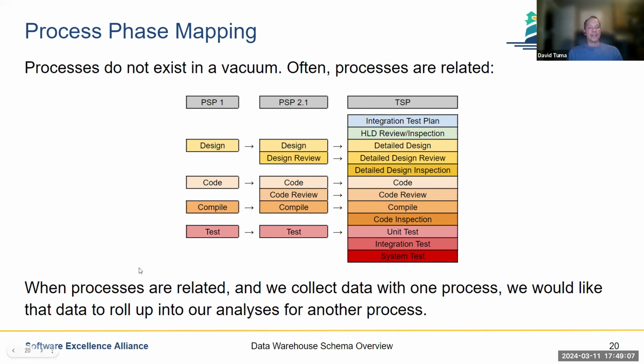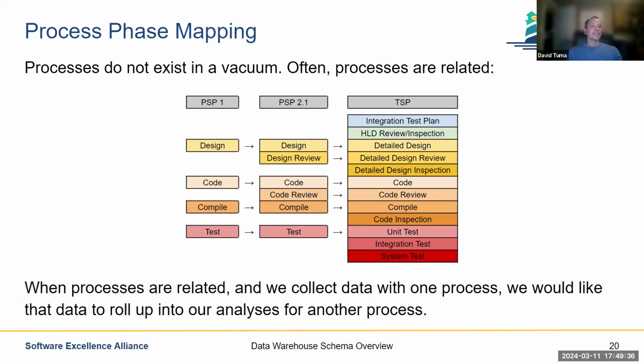But when they're related and we collect data with one process, we would often like that data to roll up into our analyses for another process. So here's an example. When we get to the end of a PSP class and we show a trend chart of the productivity or yield and how it's evolved over the course, we would like that trend chart to include all 6 to 10 programs that the person wrote, even though that data was collected with several different versions of the PSP process, right?